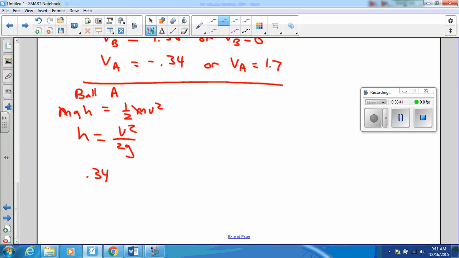So for ball A, I get 0.34 squared over 2 times 10, which is going to be small.